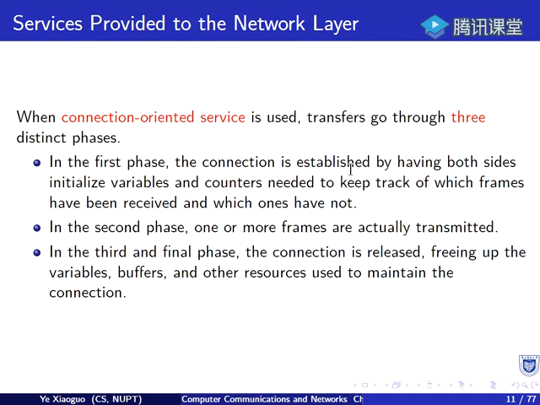Then, when connection-oriented service is used, transfers go through three distinct phases. In the first phase, the connection is established by having both sides initialize variables and counters needed to keep track of what frames have been received and which ones have not.